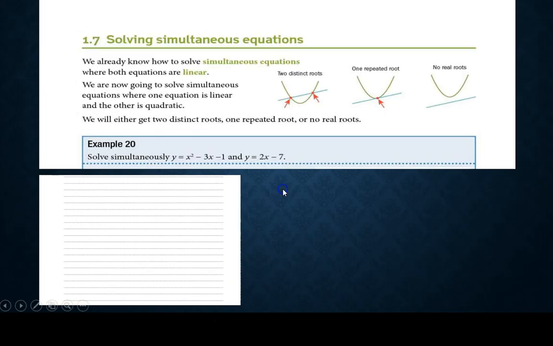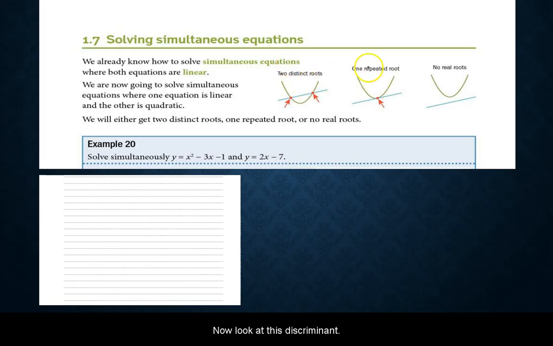Okay, let's now look at solving simultaneous equations. We already know how to solve simultaneous equations where both equations are linear. We are now going to solve simultaneous equations where one equation is linear and the other is quadratic. This is a more advanced concept, but it is very simple. You simply have to pay attention to what we are going to do.